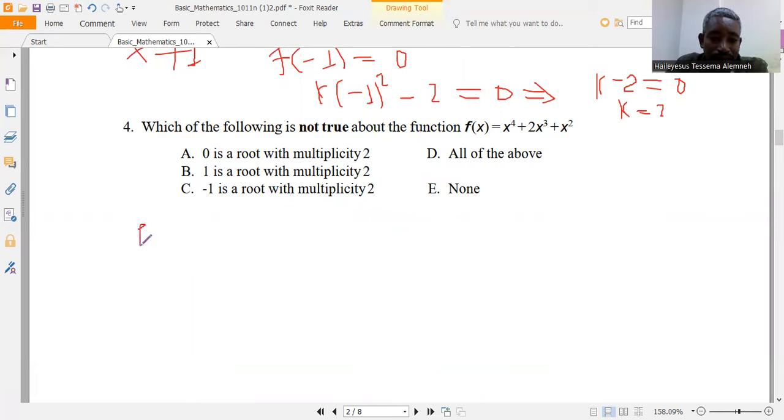The graph of this function is like this. 1 is the y-intercept, and the horizontal line y equal to 0 is the horizontal asymptote.